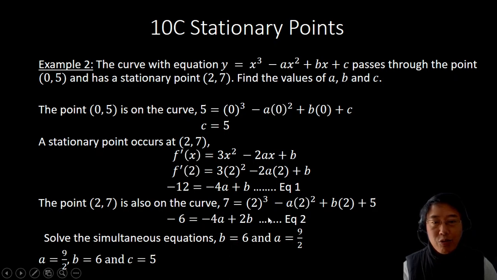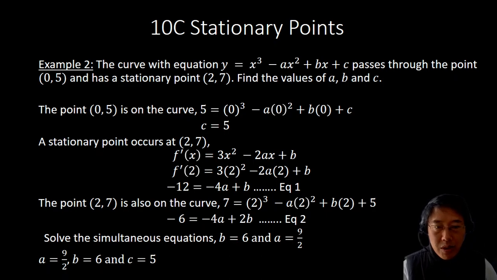C has already been replaced once you get the value of c. Then you use the stationary point definition, you differentiate. That gives you the third equation in terms of a and b. So those 2 equations in terms of a and b, you solve them simultaneously.